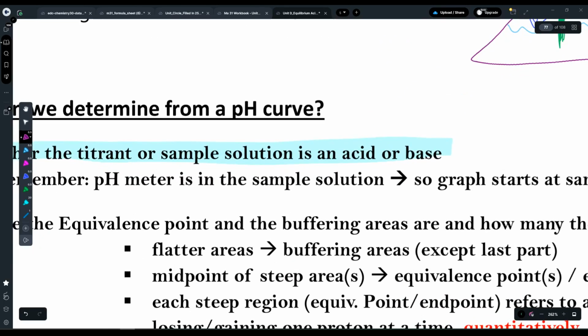So let's just write out what I said. The pH meter is in the sample solution, which is put in the Erlenmeyer flask. An Erlenmeyer flask is just a conical shaped flask.